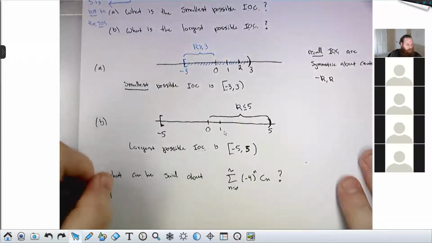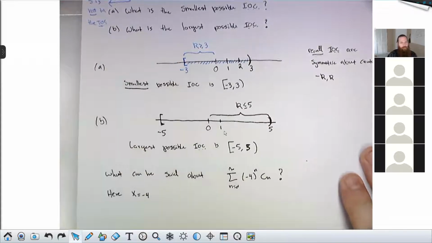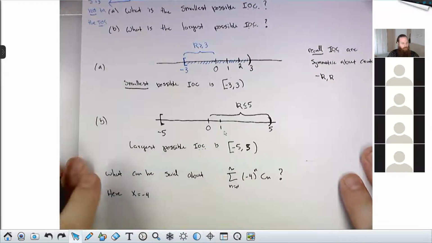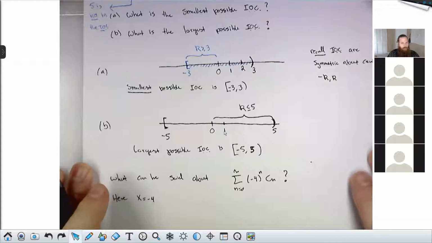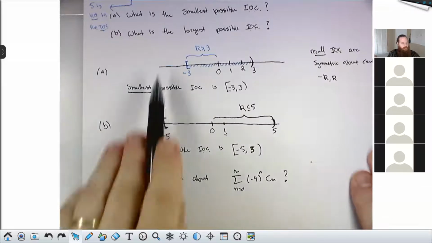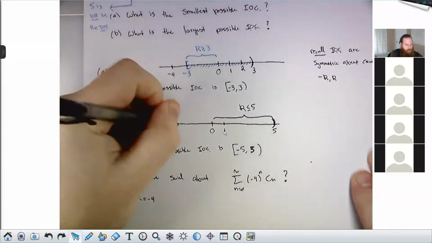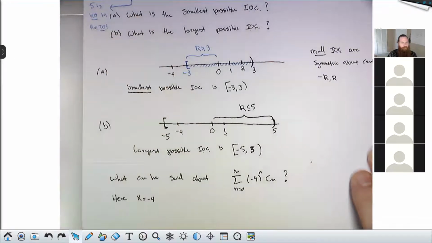Here x is -4. And that's in the largest possible IOC, but it's not in the smallest. So -4 is here and not here. So what can we say?